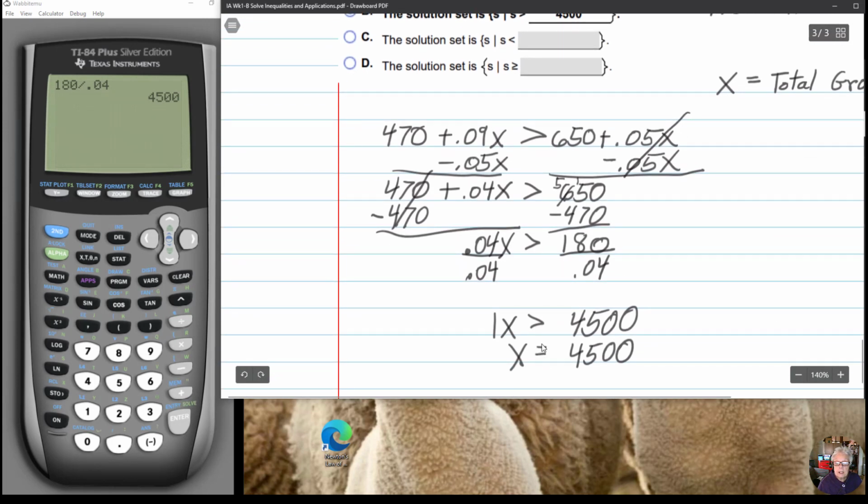X has to be greater than. I called it x, they call it s. You have to use the right letter or they'll count it wrong. But they've already filled in the letter part for you. So all you have to do is answer 4,500.